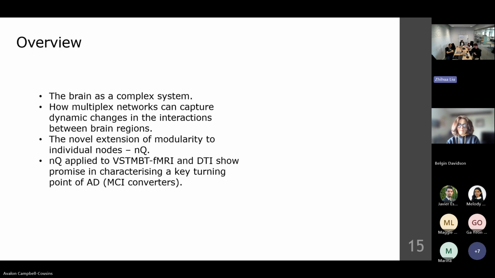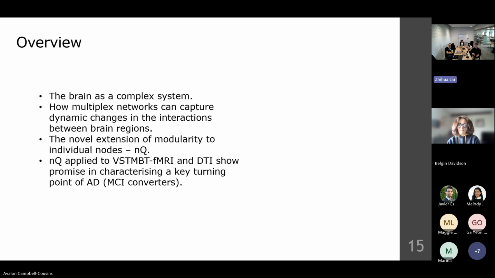And so lastly, as a general overview, we looked at the brain as a complex system where not only are there interactions within the brain, but across time. And we want to capture some of these higher order levels of interactions because Alzheimer's disease is so complex as it is, and to see if these higher order interactions will help us to understand the disease better and even predict its conversion to Alzheimer's disease.